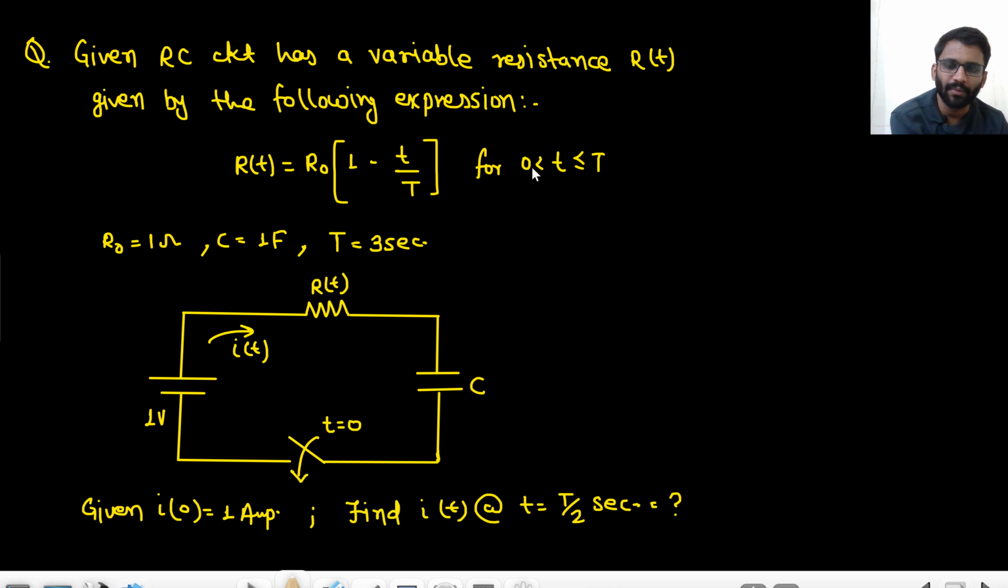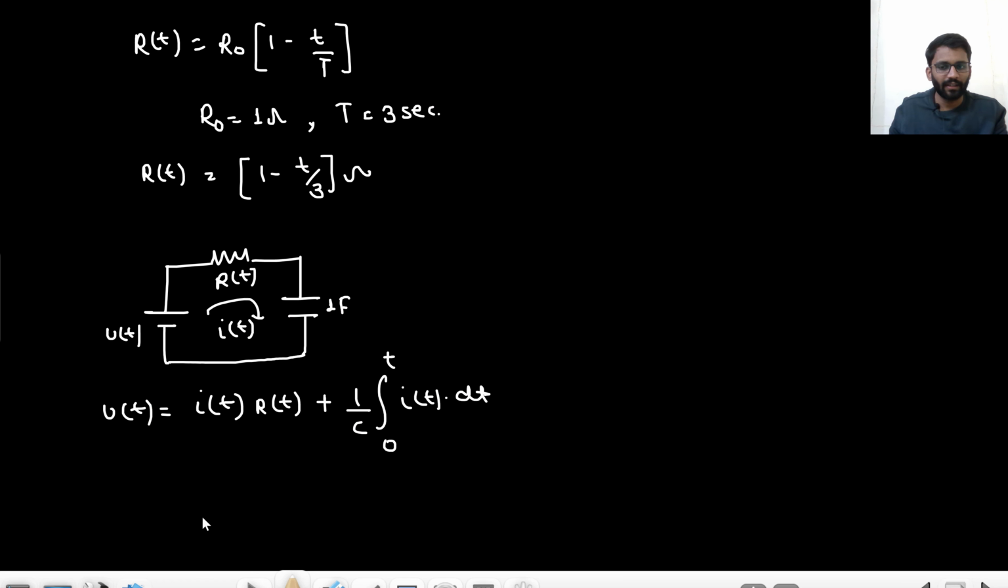Why 0 to t? Because it is given that the resistance value is from 0 to time t. That means they are nullifying the effect for t less than 0. They are starting the circuit from t greater than 0 only, right?